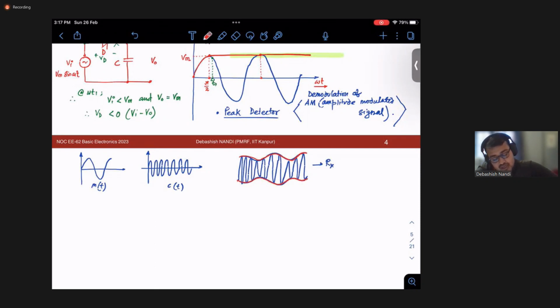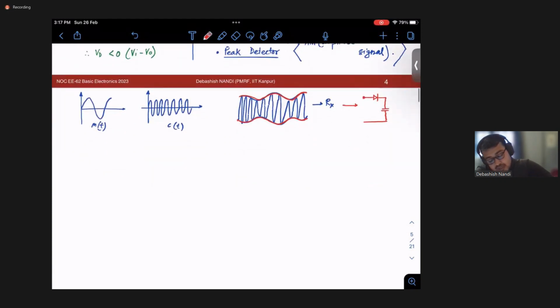So how do you do that? You simply plug this signal to a peak detector, and it will detect the peak, the envelope of the signal. It will demodulate and provide you the message signal, right? So this is one application of peak detector circuits.